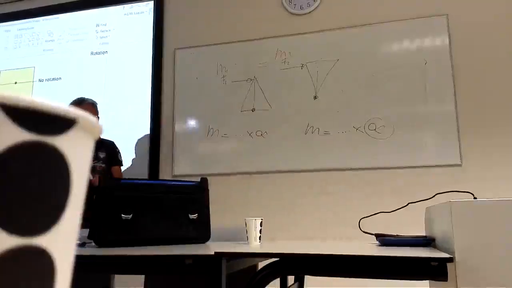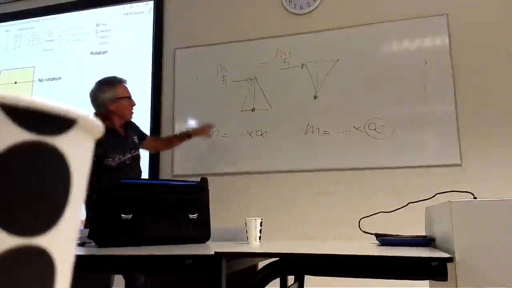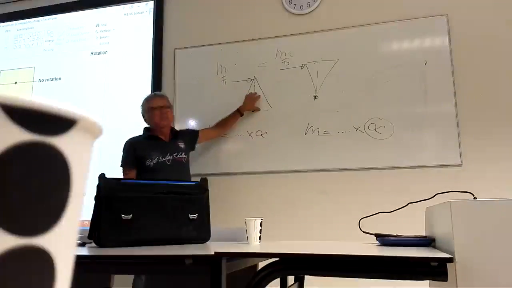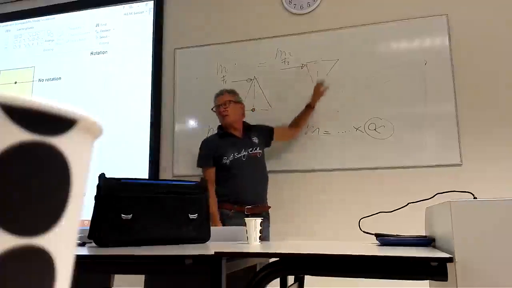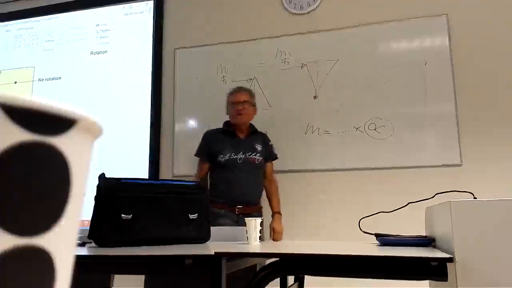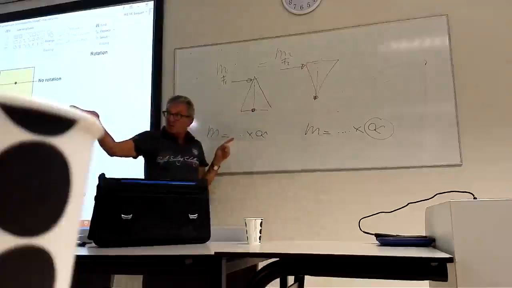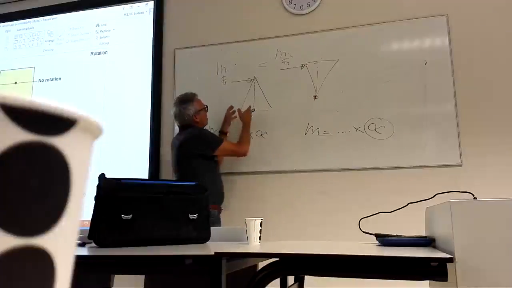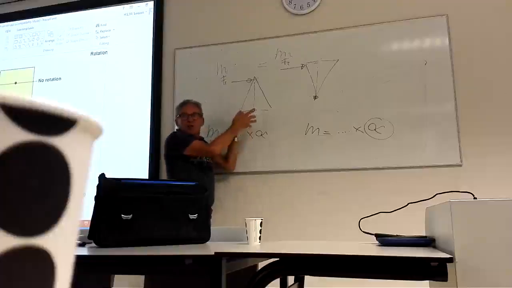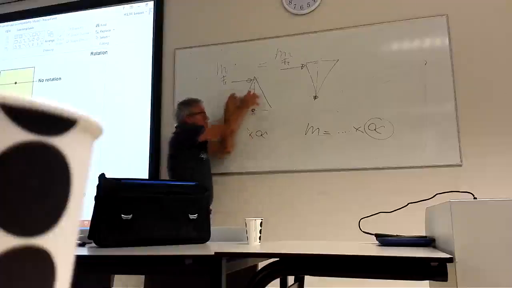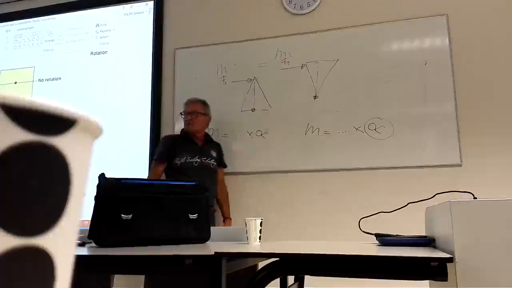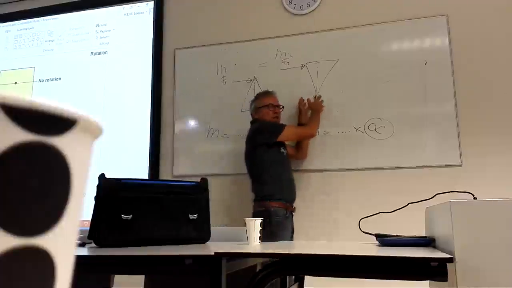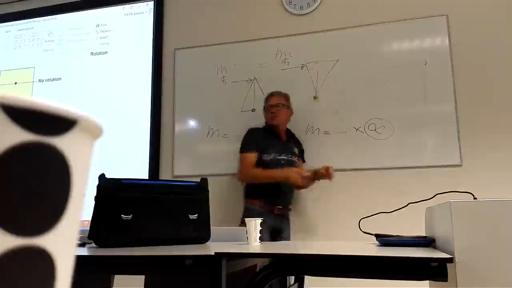Why not? Because this has a certain mass, 10 kilograms, and this has the same mass. But you see that the distribution of this mass on average is near the axis, and the distribution of this mass here is far from the axis on average.